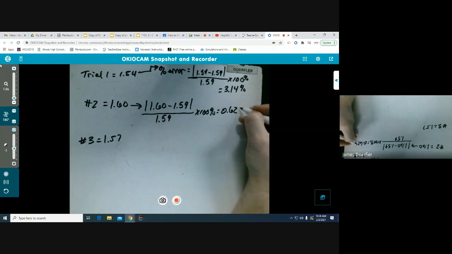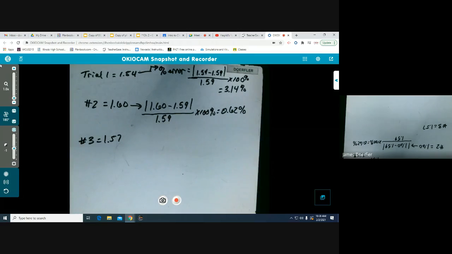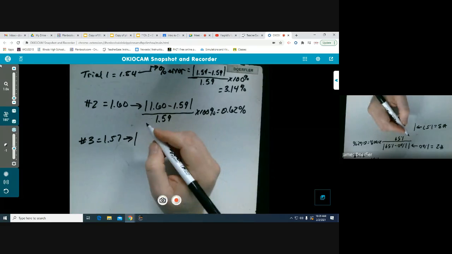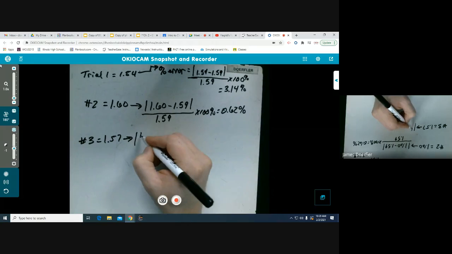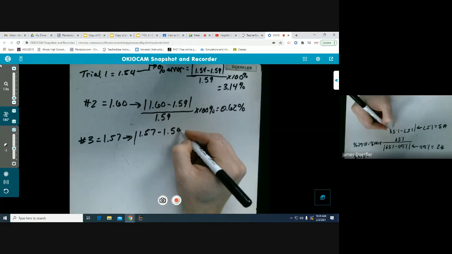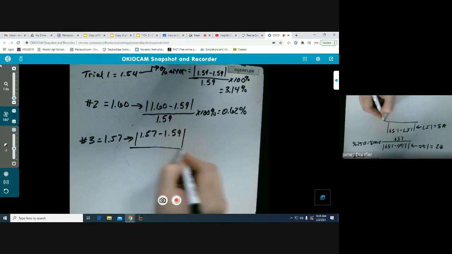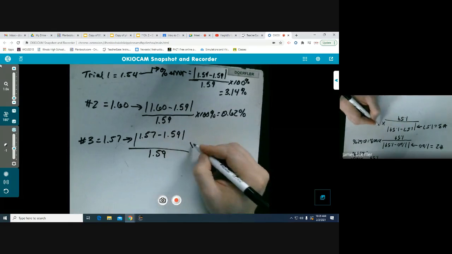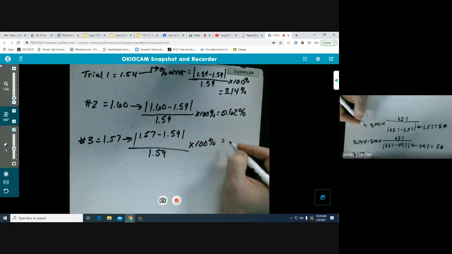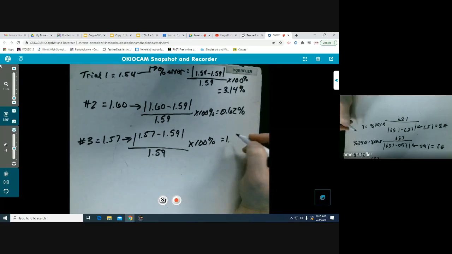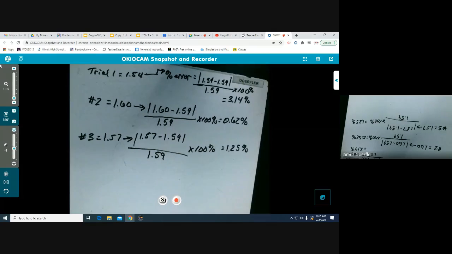That's a percentage sign. And then lastly, do the third trial, 1.57, which is our measured value, minus 1.59, which is the actual value, divided by the actual value, 1.59, times 100%. 1.25%.